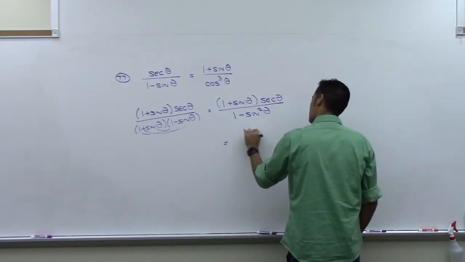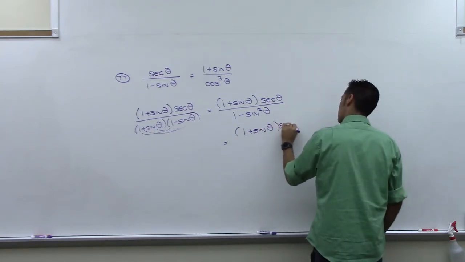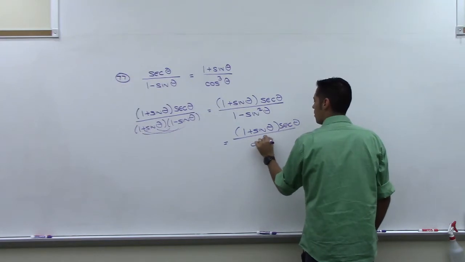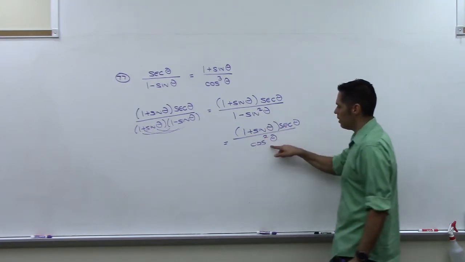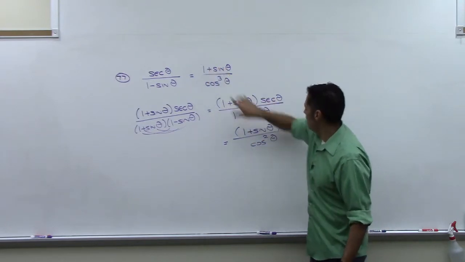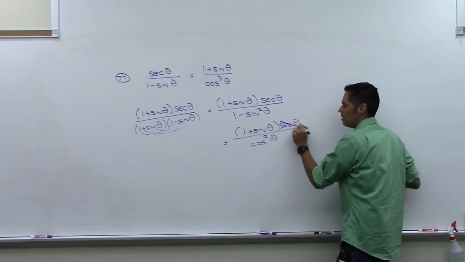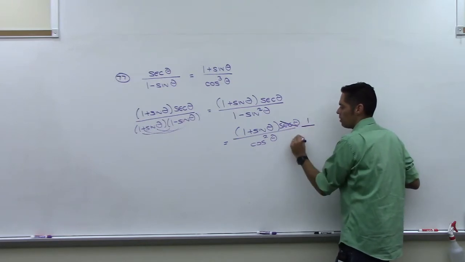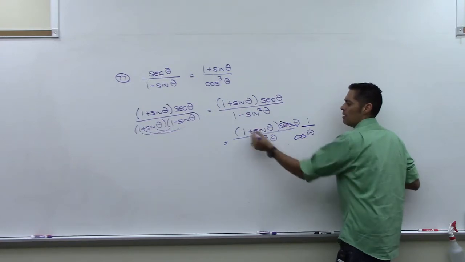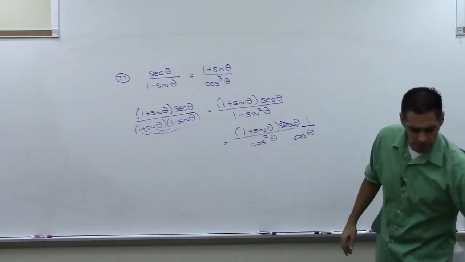So I have 1 plus sine theta, then I've got my secant theta, and on the bottom I've got cosine theta, cosine squared theta, Pythagorean identity from here to here. And look, I'm so close. 1 plus sine theta, I've got it. Cosine squared, I've got it. Just the secant. So just scratch the secant and write it as 1 over cosine theta. And now you've got your cosine cubed theta, and you've got the 1 plus sine theta on top. So that's it. All right.